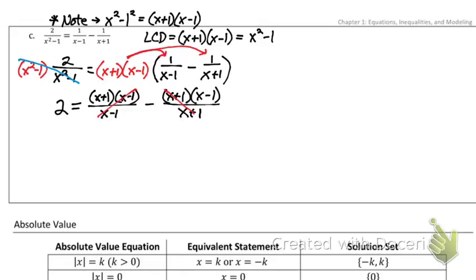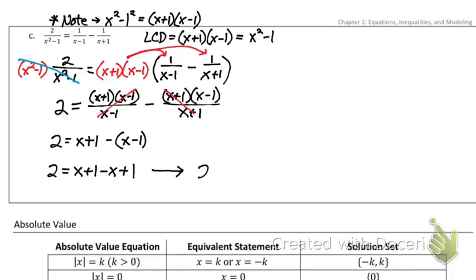Okay. And then we have 2 equals x plus 1 minus the x minus 1. So in fact, we'll have 2 equals x plus 1 minus x plus 1, which if we solve that, we're going to come up with 2 equals 2. 2 equals 2 is a true statement, so it is going to be an identity.